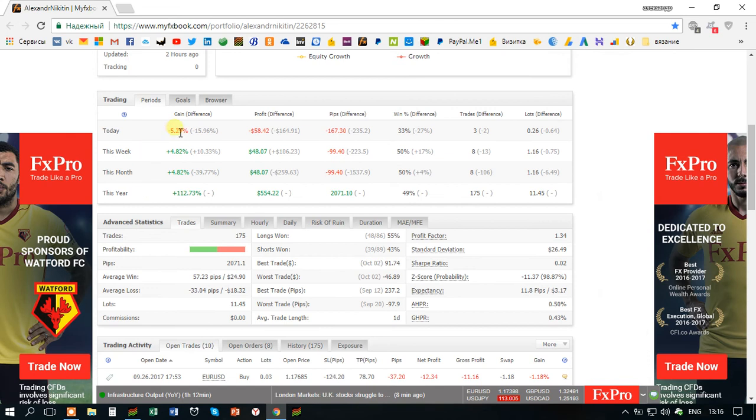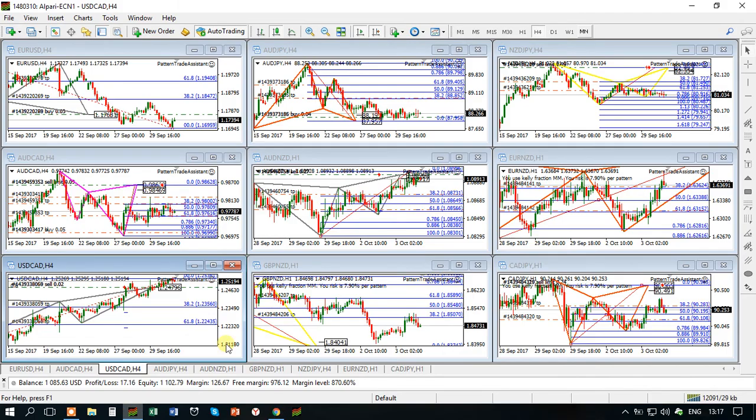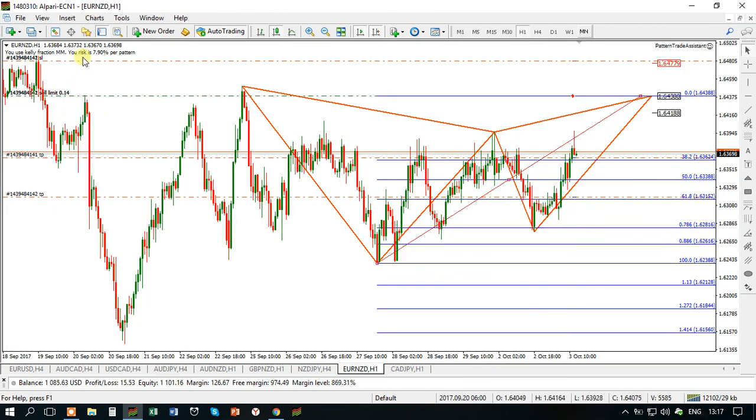So today I am negative 5%, but this week I am 4% something, almost 5% up. But you know that my risks are pretty large. Where is that? Maybe this one. You can see it is 7.9 per pattern.